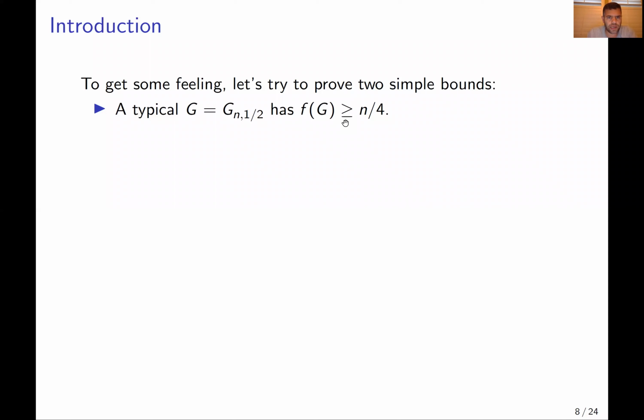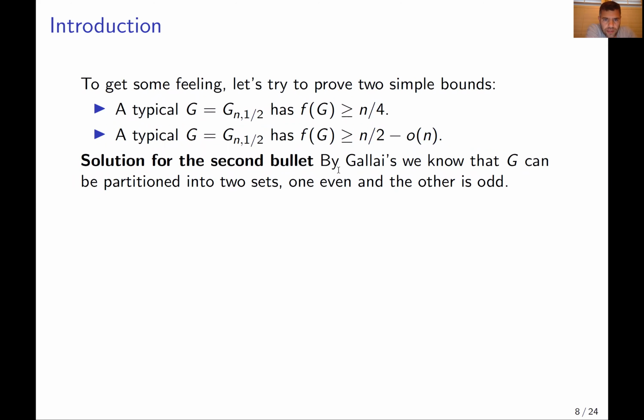So this is a simple exercise, and let's do something slightly harder just to get some feeling for the problem. But again, I'm not going to prove Scott's bound. So let's try to improve it to n over 2. This was basically the first observation that we had about this problem. For the second bullet, it's a simple exercise, but I decided to write some words here.